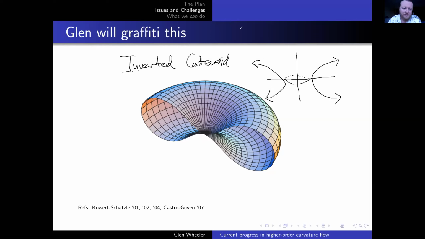Now, if you invert this catenoid around the origin, then let's take this to be, say, the unit radius. Then these points are fixed points under the inversion, and infinity. This infinity is going to come down like this.